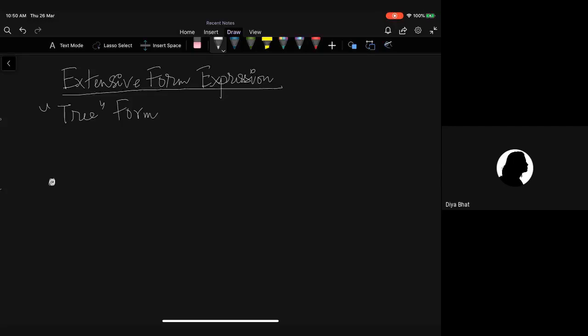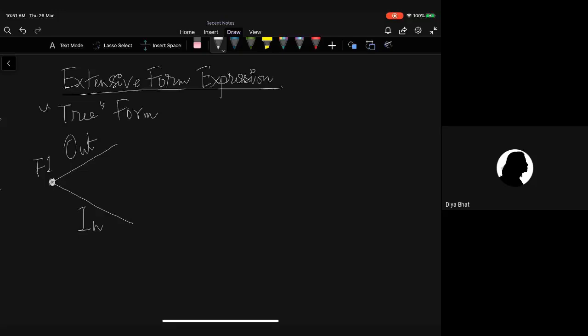So we'll say that there is a node with player F1 sitting there, and it's deciding whether to stay out or come in. So there are two possible strategies, and each strategy is referred by an arm coming out of the node. So this is out and this is in.